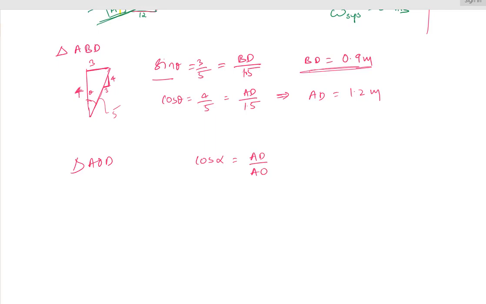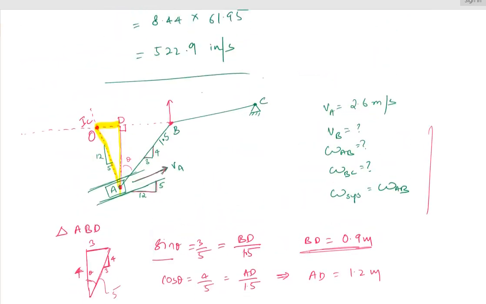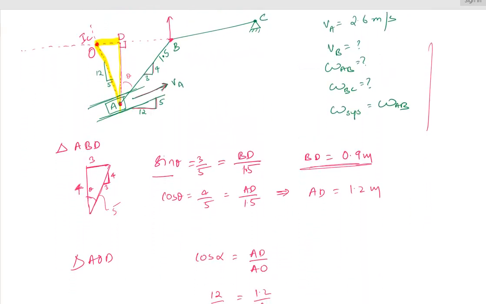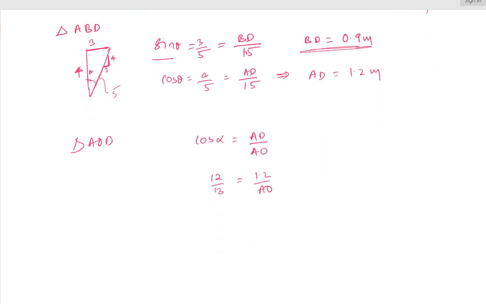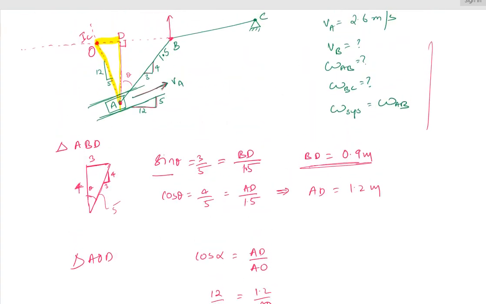And cosine alpha is also equal to 12 over 13. Let me see again. So here alpha, so cosine alpha is OD over AO. Cosine alpha is 12 over 13. How did we get that? So let me draw.